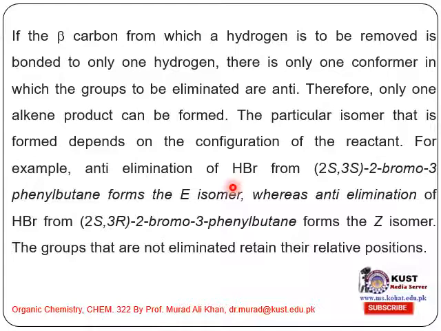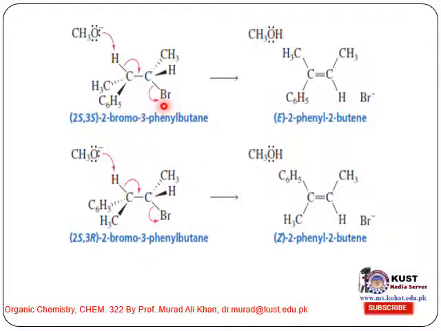I will explain it: if there is only one hydrogen, there is the possibility of the formation of only one isomer. In this case, we have no choice but to have the bulkiest groups on opposite sides, and we will get the E isomer in one case and the Z isomer in the other case. Like here, 2S,3S-2-bromo-3-phenylbutane.